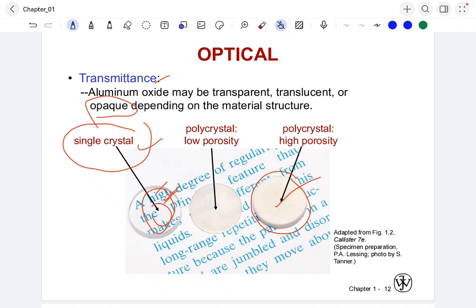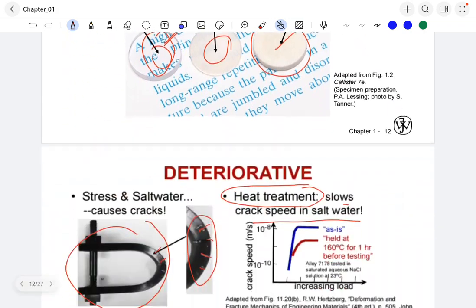Moving to the next one, polycrystals with low porosity are slightly darker or opaque, so you cannot see through. And if it's high porosity, it's totally blank and we cannot see through.